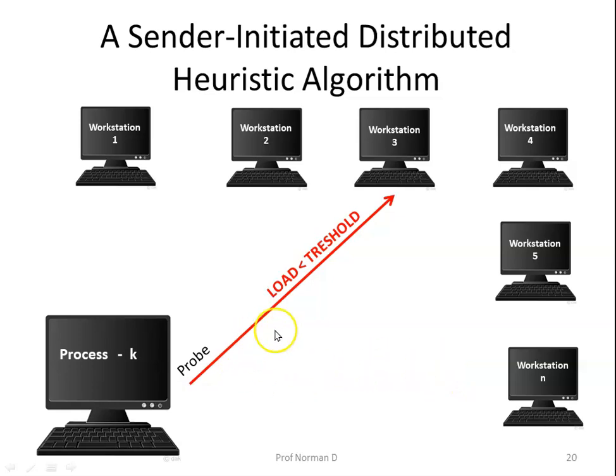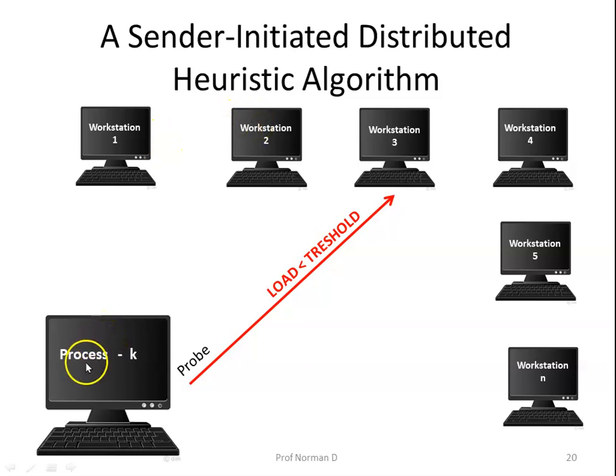So after sending to a fixed number of workstations, if all the probe messages fail, then the message will come back to the originating machine and the process will be executed on the original machine. So this is about the sender initiated distributed heuristic algorithm.